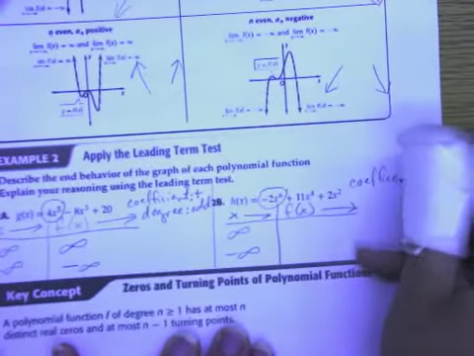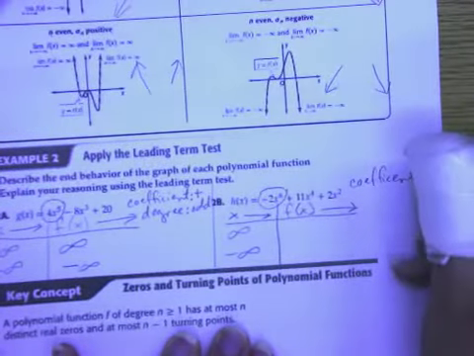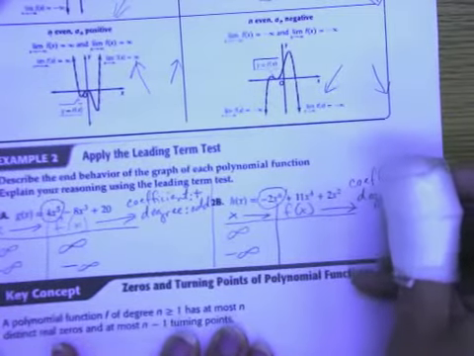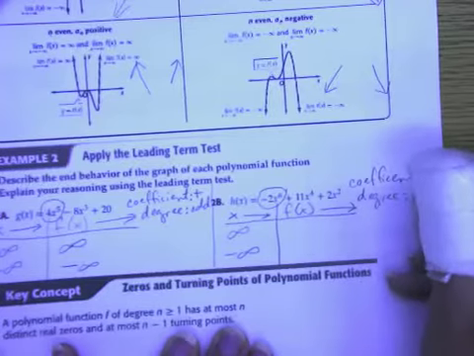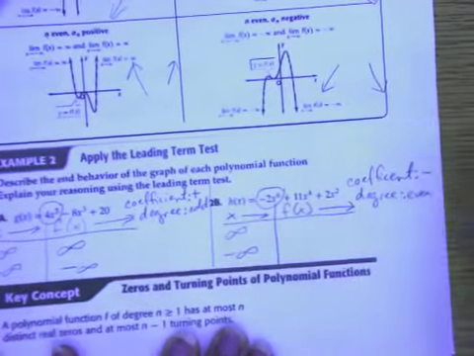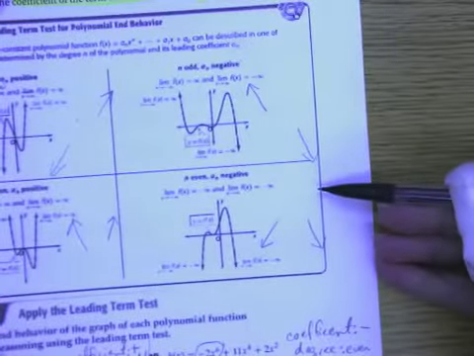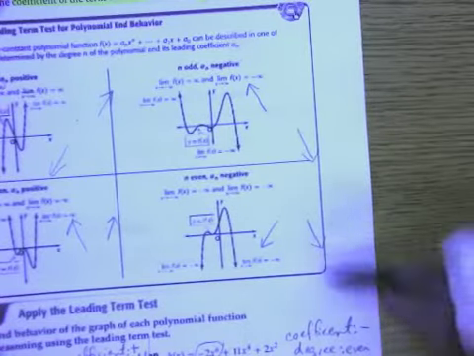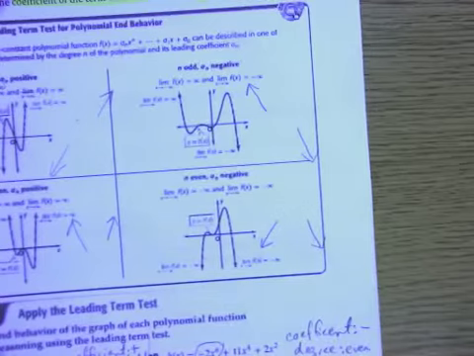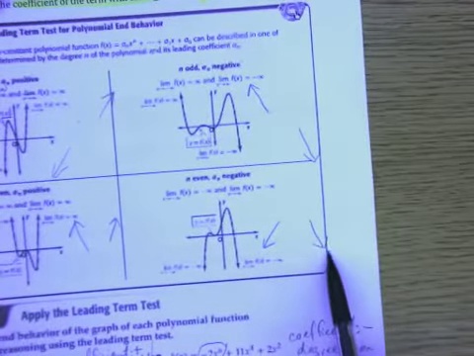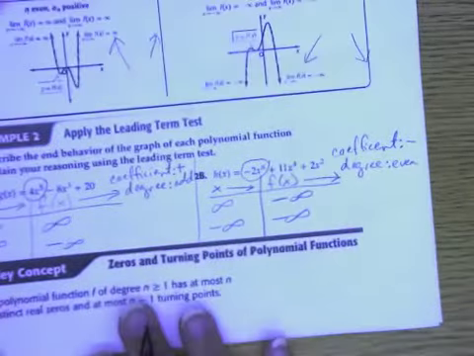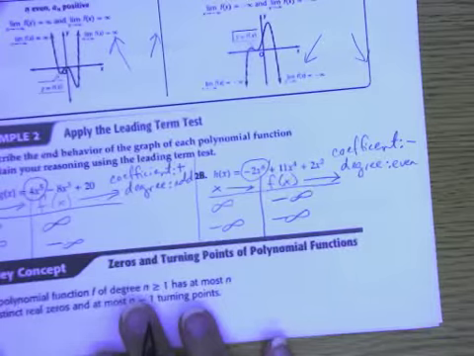The coefficient is negative, and the degree is even. Well, that fits this description. Degree is even, leading coefficient is negative. That means on both sides, negative infinity and positive infinity, my function is approaching negative infinity.